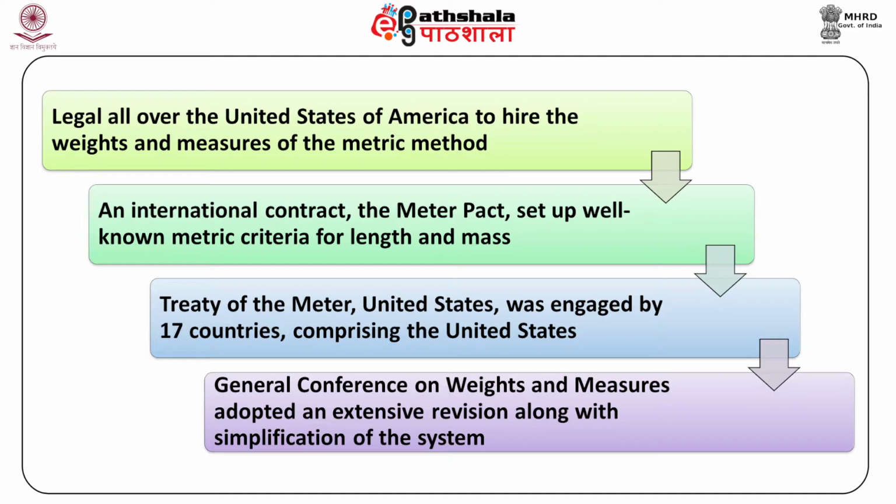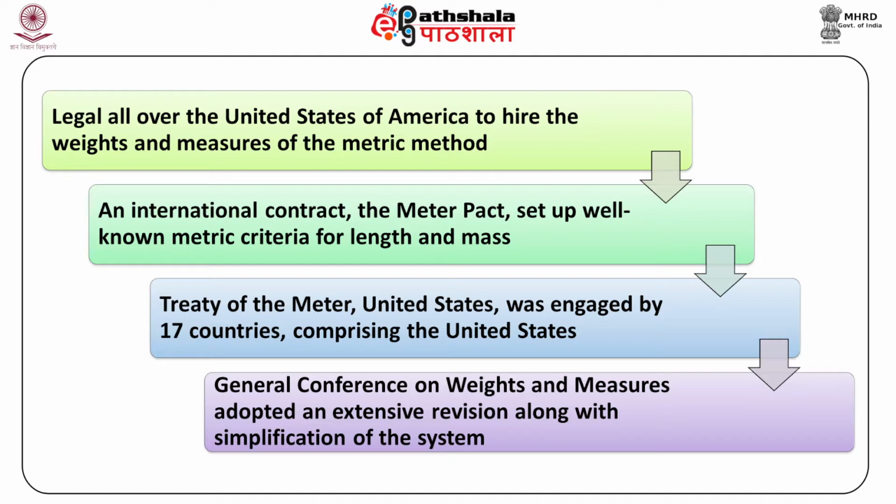However, in 1875, an international contract called the Meter Convention set up well-known metric standards for length and mass, and established long-lasting mechanisms to propose and accept further modification in the metric system.